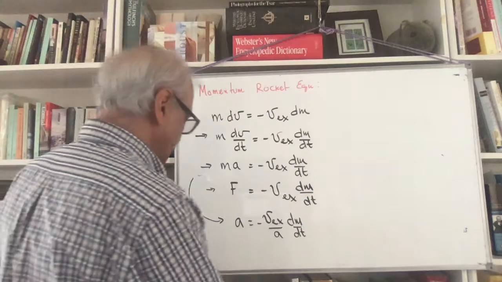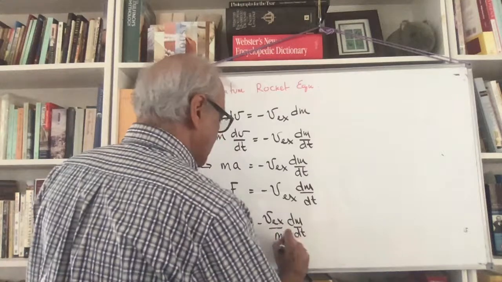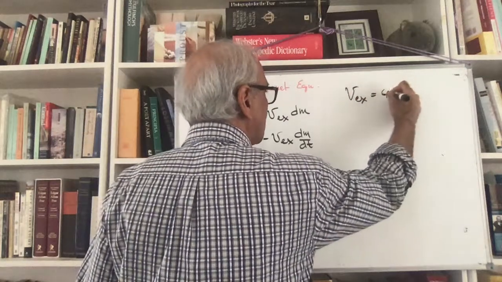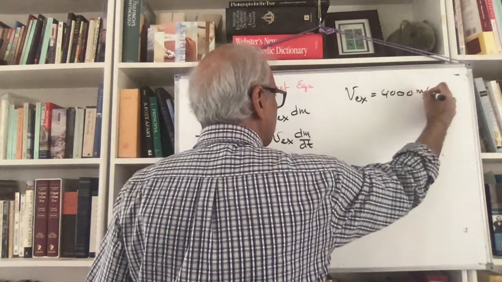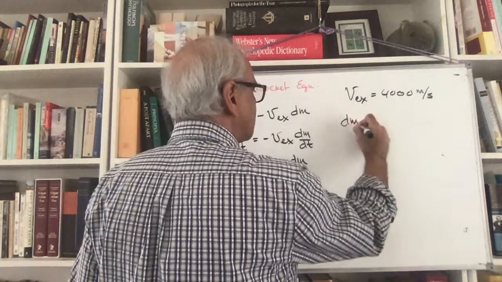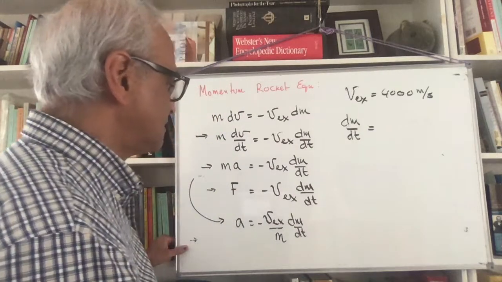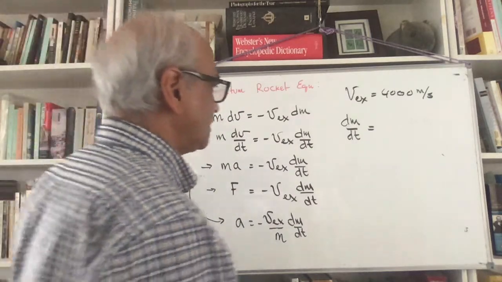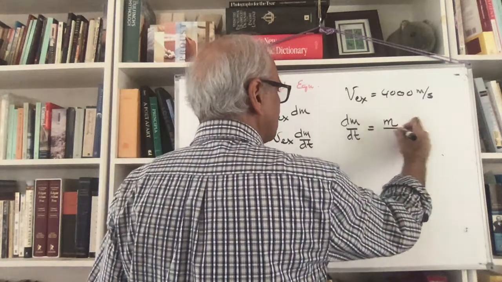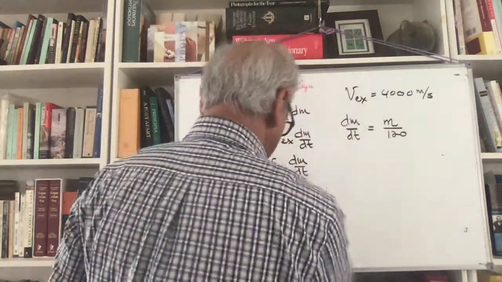So for example, we wanted the exhaust to be 4,000 meters per second, right? And dm over dt depends on the rocket and should be given. Let's say dm over dt is, every second, the original mass divided by 100, I'm making it easier.